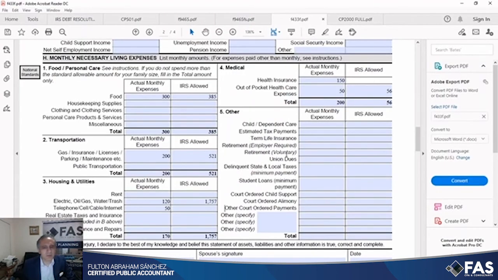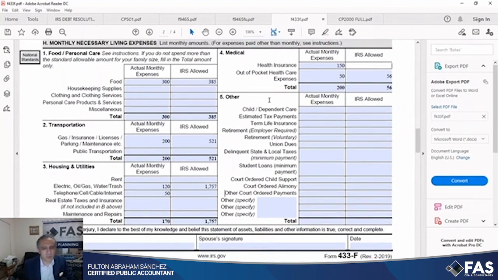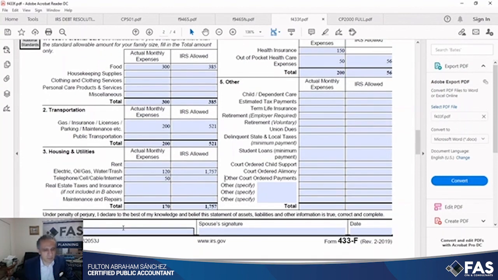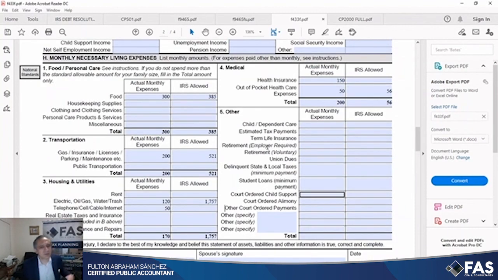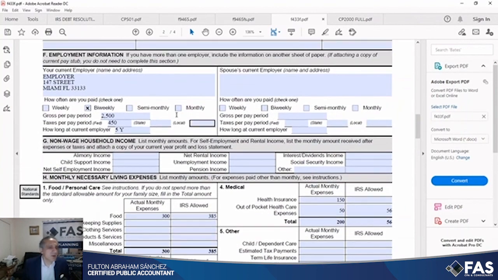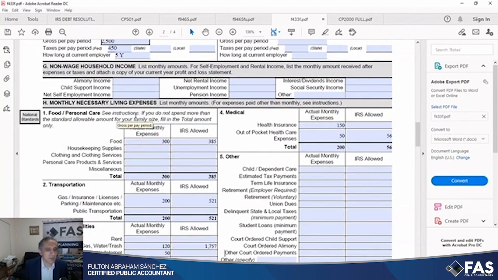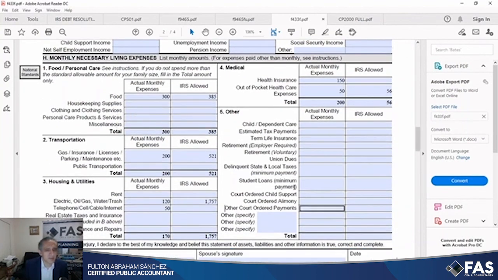This is all the information that I need to fill in, and I need my signature and the date. Now let's review this form. If I make $2,500 bi-weekly, that will be $5,000 a month, and this is my structure of expenses.